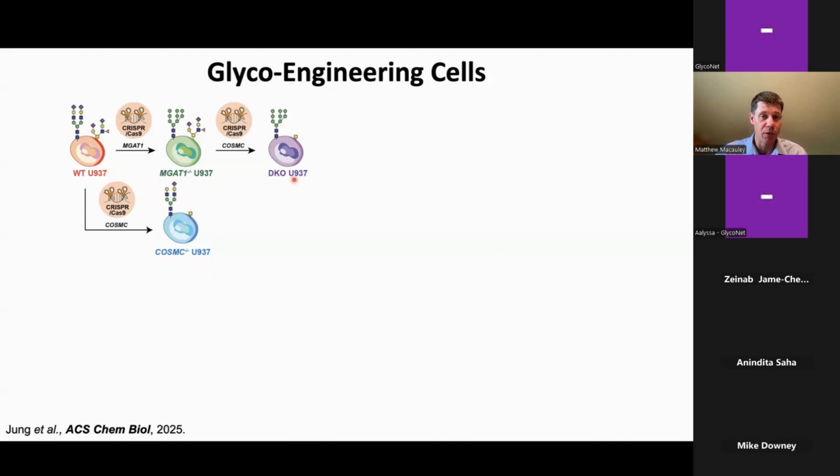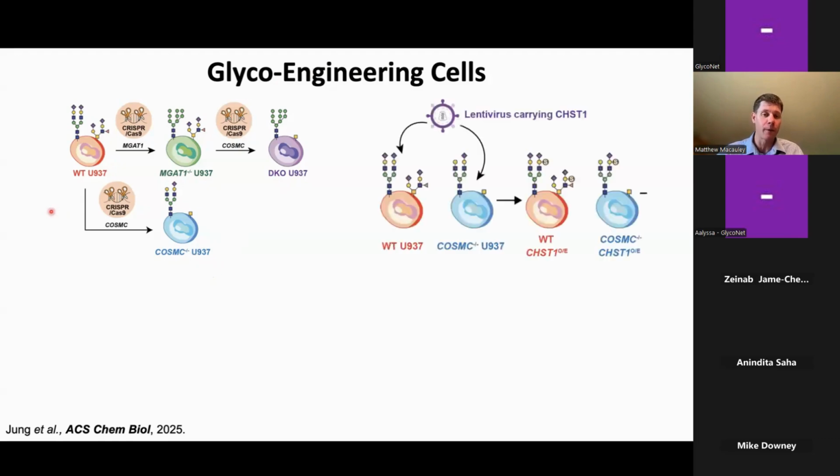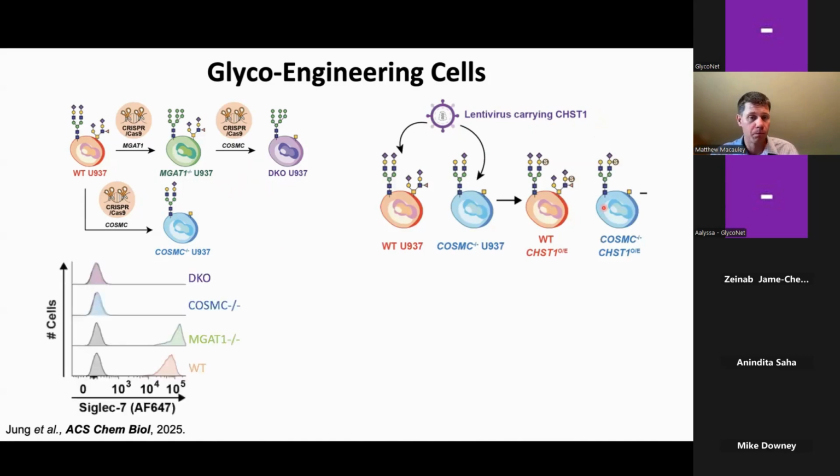He made cells with a double knockout, and he also looked, if you're interested, go to this paper, he made cells that also lack glycolipids and also O-mannosylation. And actually, a set of cells lacks all 4, which was kind of crazy to make. But anyways, the result with Siglec 7, because I'm just focusing on that for this talk, was very, very clear. I forgot to mention, now that he has these glycosylation knockouts, he overexpressed CHST1 in them.